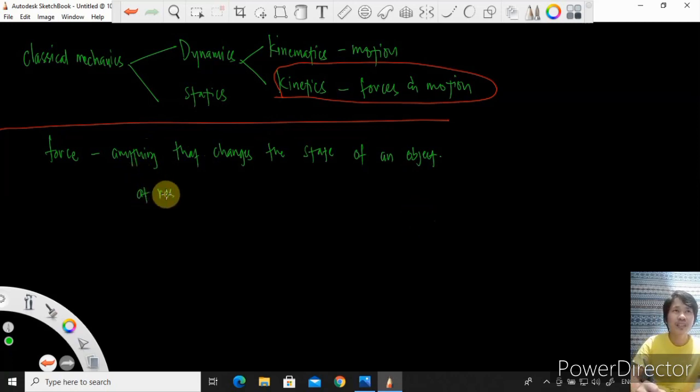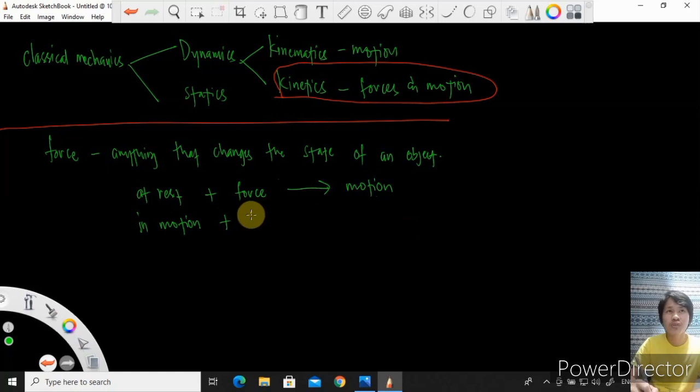Ibig sabihin, if an object is at rest, you apply a force. Anong pwede mangyari? The object will accelerate. So it will be in motion. Now, if an object is already in motion, you apply a force, what will happen? Dalawa pala yung pwede mangyari dyan, ano? Either the object will stop, will be at rest, or the object will accelerate.